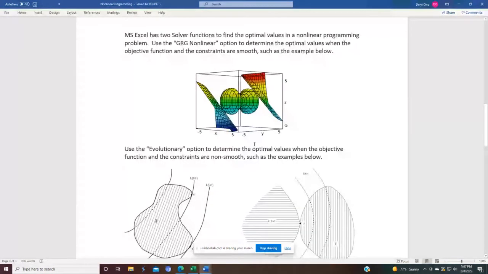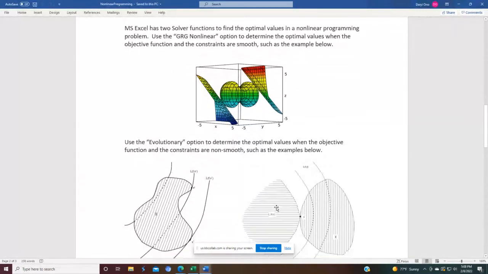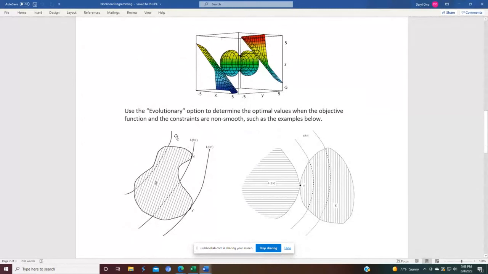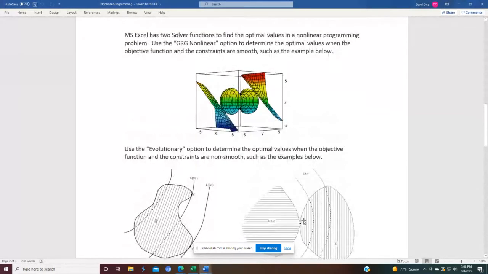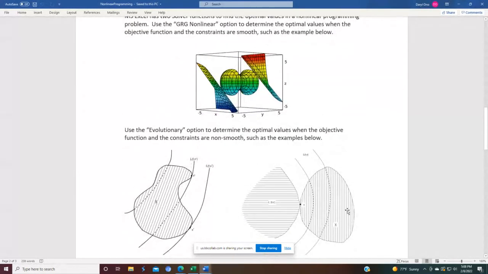Evolutionary can solve this doorknob problem. But what about non-smooth? GRG Nonlinear can't solve this one. So Evolutionary can solve both the smooth and non-smooth.